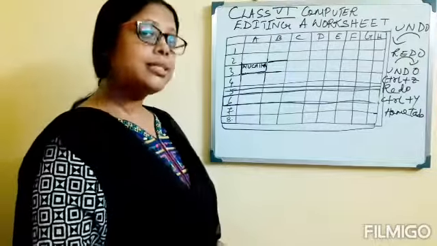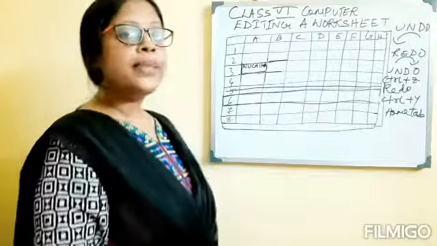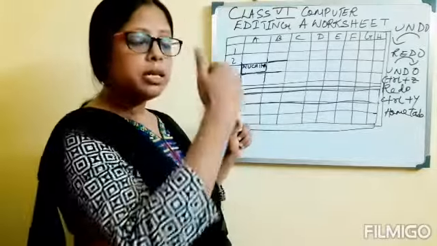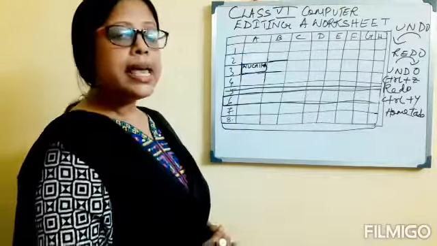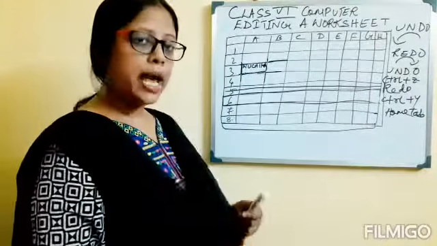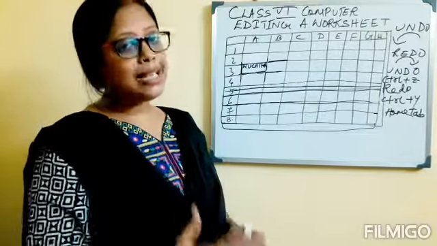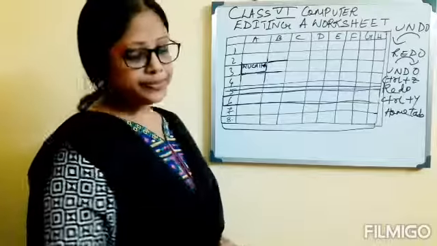What are the steps for inserting that new row? Same thing: you select the row where you want the new row to be inserted, and then click on the Home tab. Again in the Home tab you have the Cells group, and there you have the Insert option.